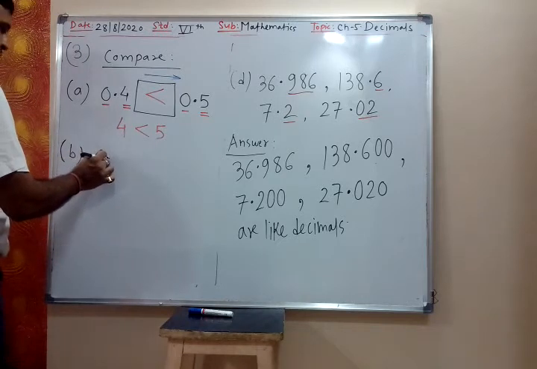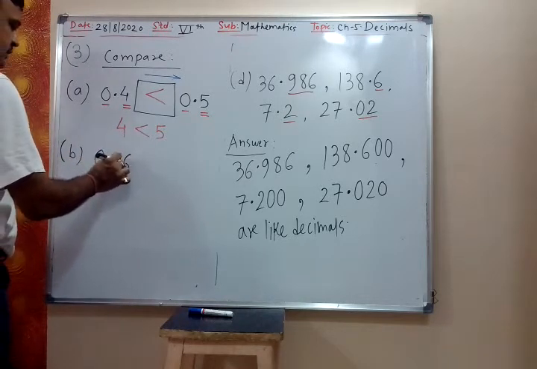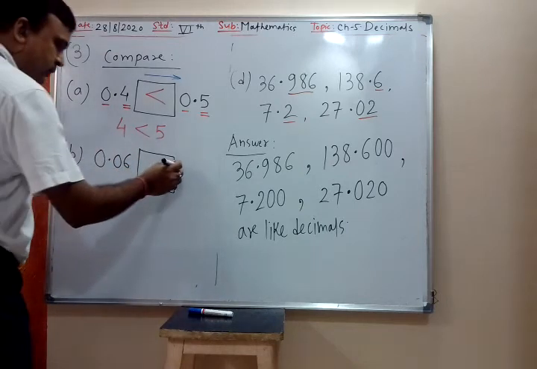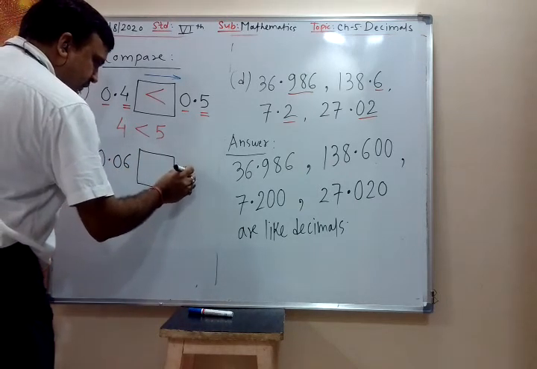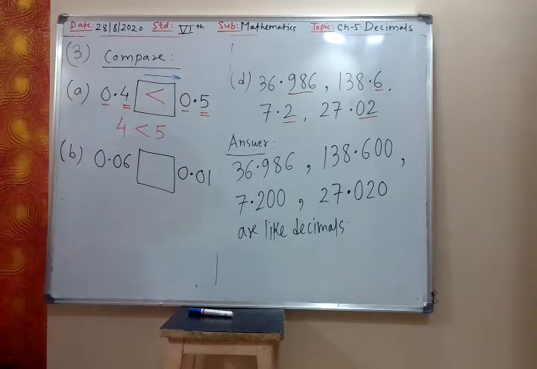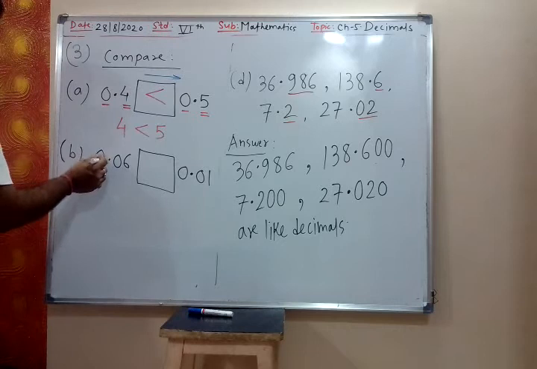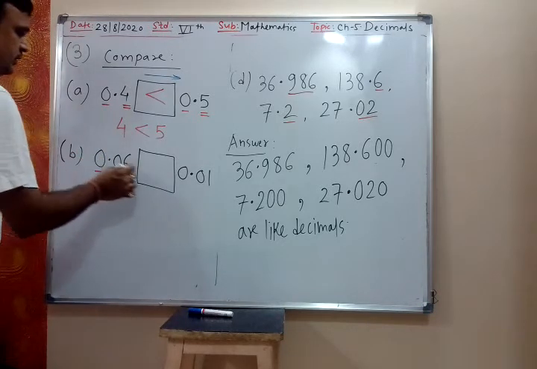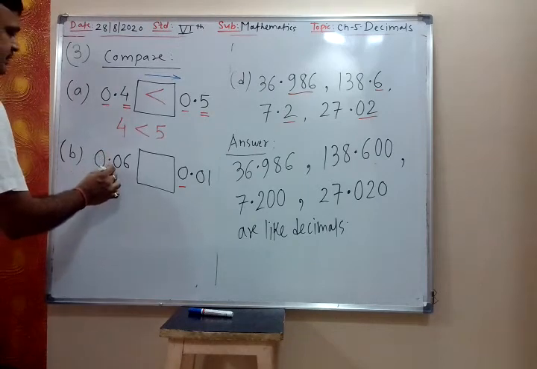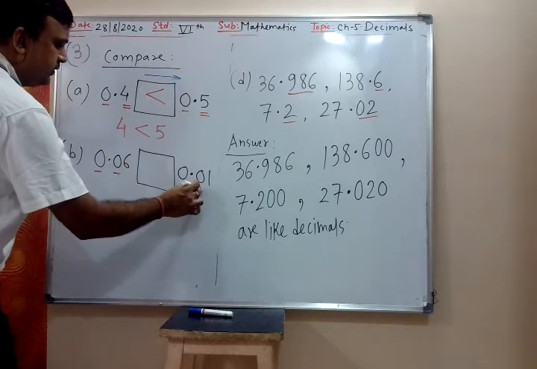Yes, 0.06, then 0.01. Now let us compare the digits. The whole number is 0, whole number 0, they are equal. Then after the point there is 0, after the point there is 0.